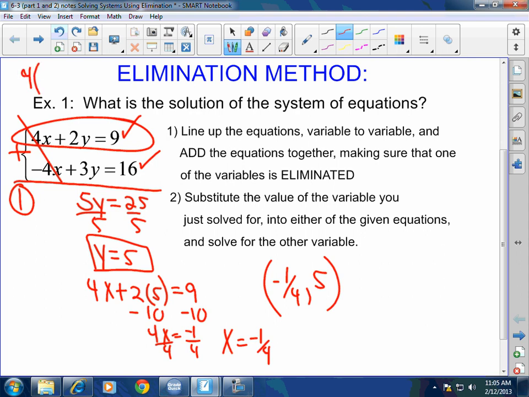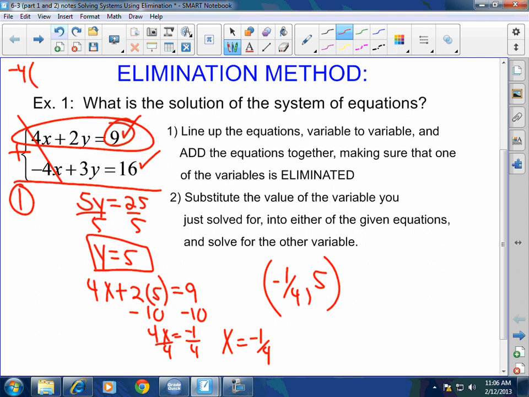4 times x, which is negative 1/4, plus 2 times y, which is 5. What's 4 times negative 1/4? Negative 1. What's 2 times 5? What's negative 1 plus 10? 9. It works. Let's plug it into the second equation.